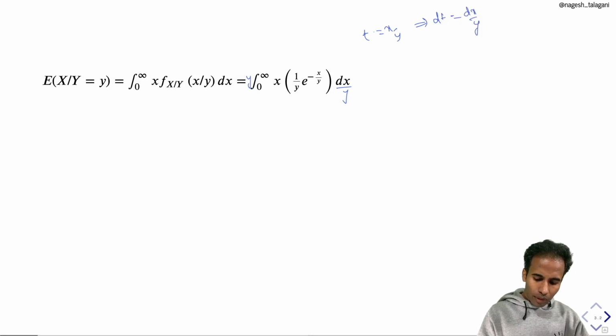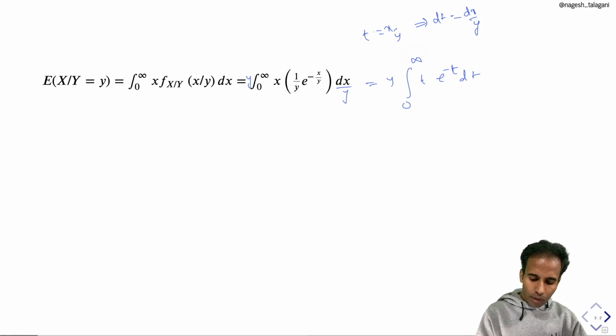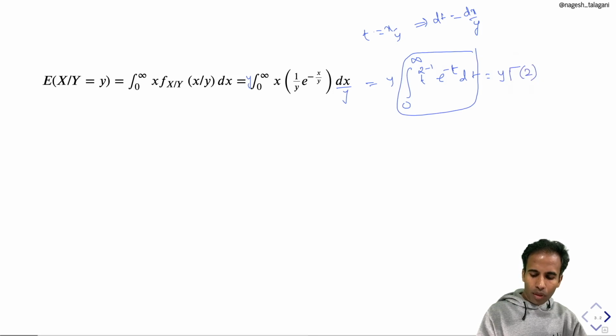So I can write this as y integral of t e power minus t dt, and with this relation, the t limits are also 0 to infinity because y is positive here. So this t I can realize as t power 2 minus 1, so that this integral can be seen as a gamma integral. So I can write y gamma of 2. So it's going to be y times 1 factorial.